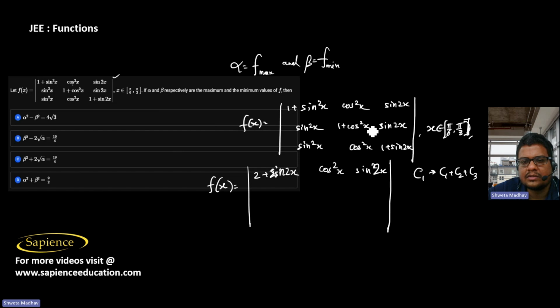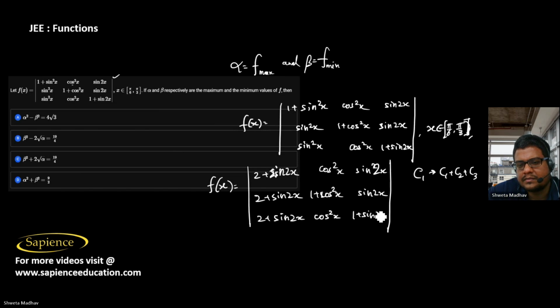Again sine square x plus cos square x is 1, so 2 plus sine 2x, and this is 1 plus cos square x, this is sine 2x. Then again sine square x plus cos square x is 1, so 2 plus sine 2x, this will be cos square x, this will be 1 plus sine 2x.